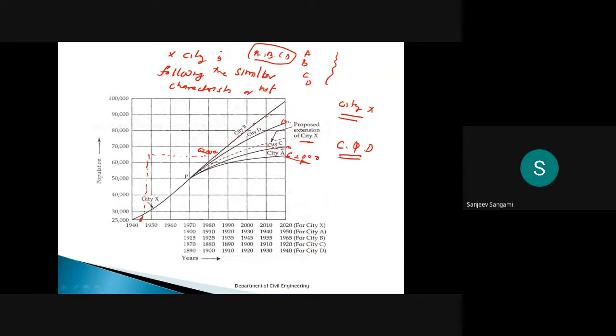Always check first whether the population is in between C and D, or in between A and C. Assuming your X city is following the characteristics in between C and A, then I have to plot the graph here. If it is following in between city D and B, then my curve will be like this.